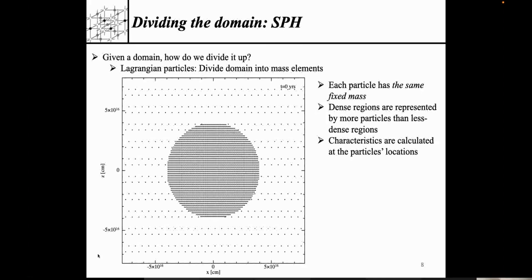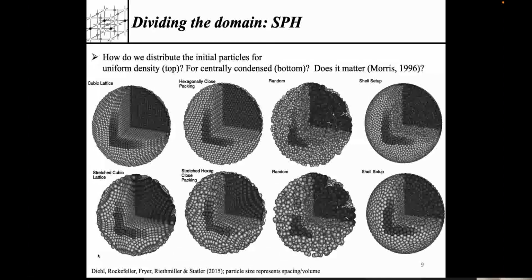Just as a quick slide with this, we do have a lot of initial placements we can put them in. And most codes are developed in such a way that we can implement any of these methods just by flipping a switch. So you could put them on a nice regular lattice, or you could just essentially put them in a random position and hope that it matches the density.